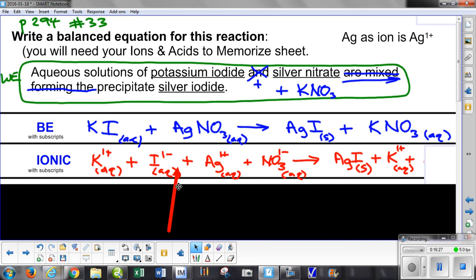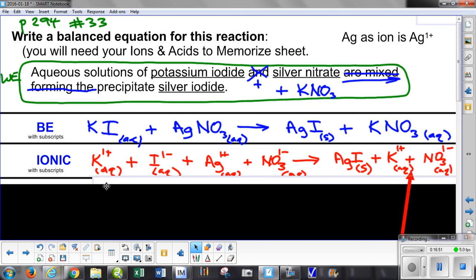That little chart is at the very top of that paper. So silver, the ion, nitrate, the ion. Silver iodide is what we were told here, and we just figured out that we have potassium nitrate, so we have potassium here and the nitrate ion.